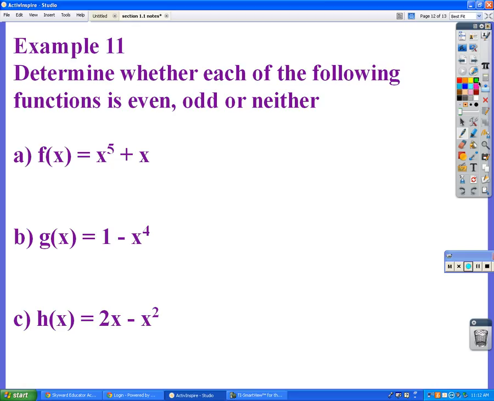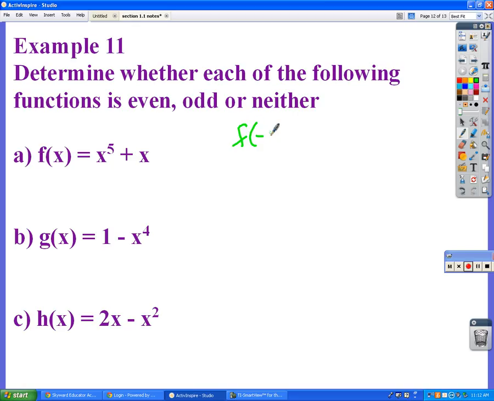Okay, so this is a little review that we didn't do before. Even, odd, or neither. Now, hopefully you can look at this and make an educated guess right off the bat that this is an odd function because this exponent is odd and so is that one. Here is the math way that you figure it out.